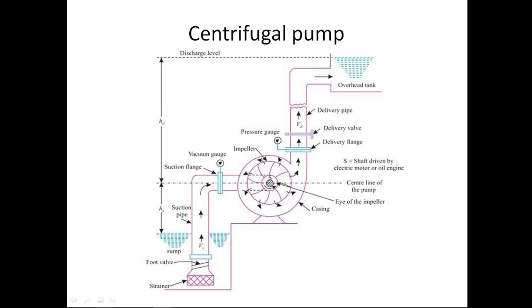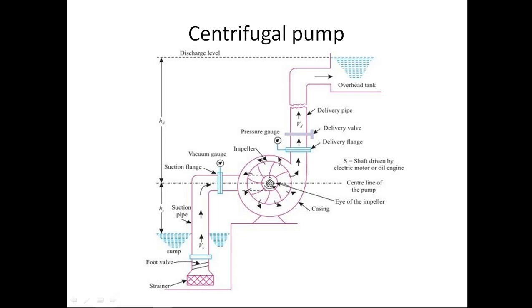This is the outlet of the pump and this is the required height. The velocity of liquid in the delivery pipe is kept slightly higher than that in the suction pipe. A valve is provided just near the pump outlet to regulate the flow of liquid in the delivery pipe.